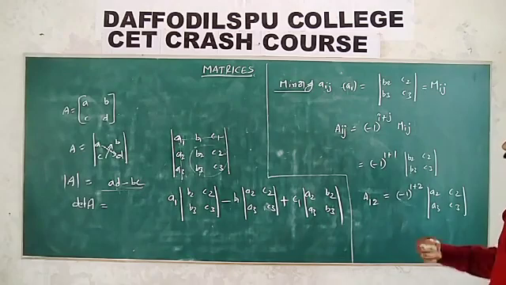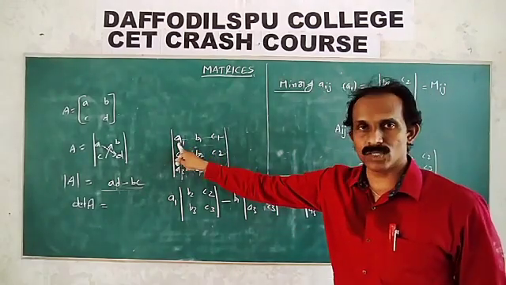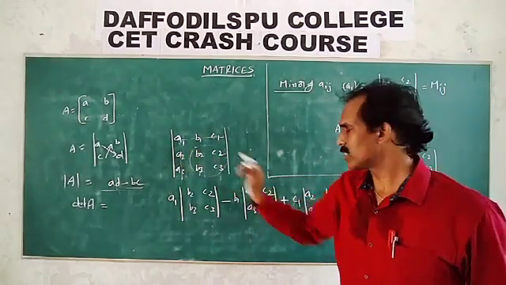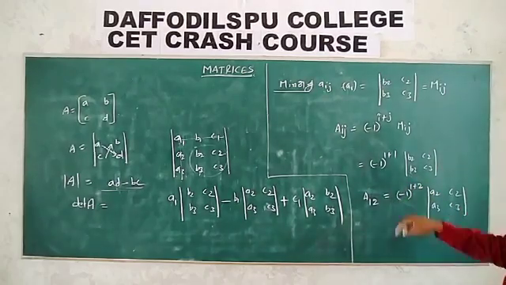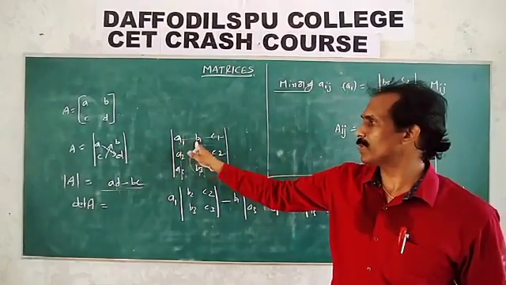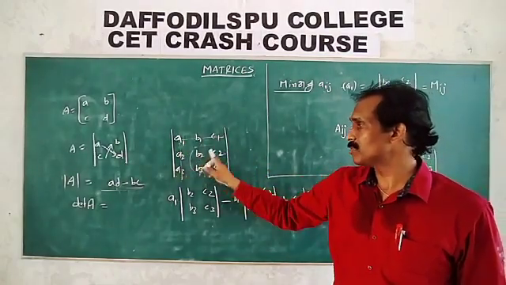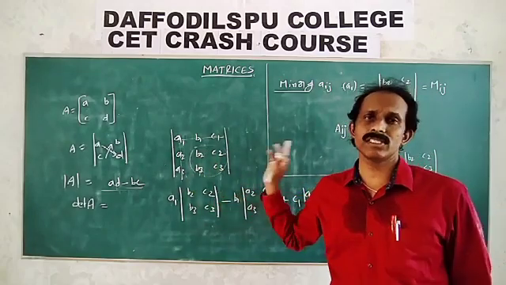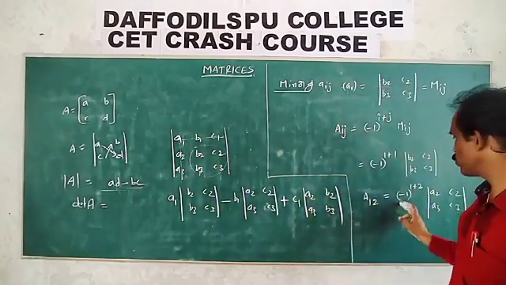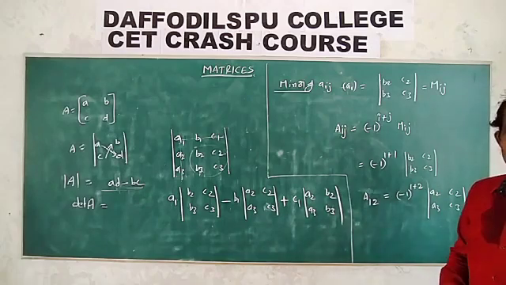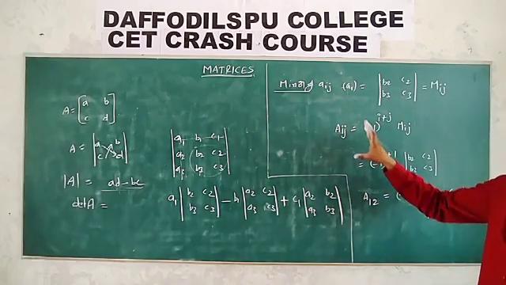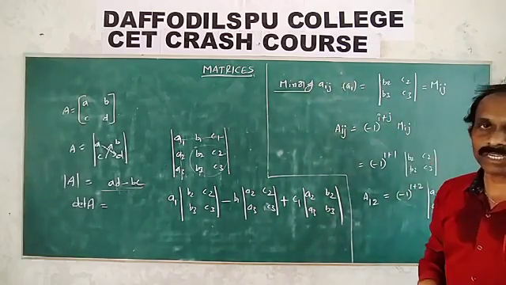Here the sign from minus 1 to the power of i plus j changes as plus, minus, plus, minus, plus, minus, plus, minus, plus. So this is the minors and cofactors.